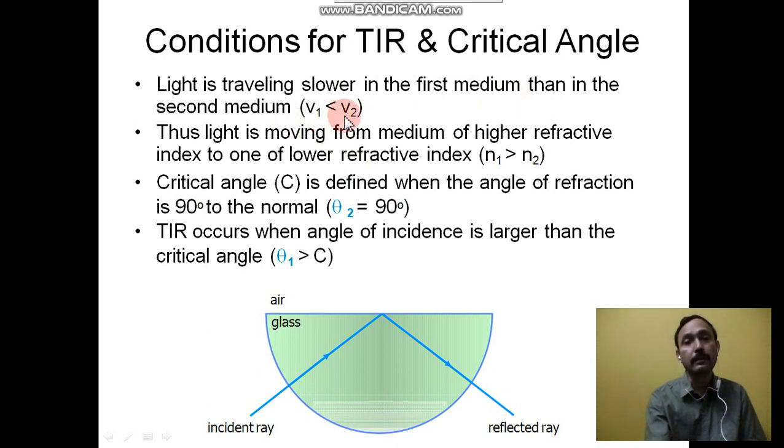So V1 is less than V2. Here we are considering the velocity in glass as V1 and in air as V2, so V2 is more than V1. Thus light is moving from a medium of higher refractive index to one of lower refractive index. Suppose this is glass, its refractive index is more than the refractive index of air.